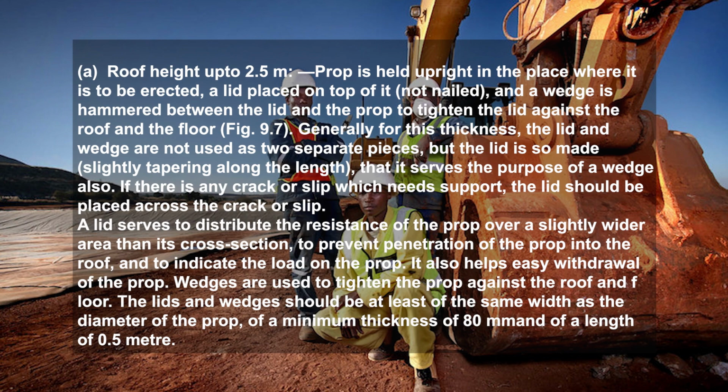If there are any cracks or slip which need support, the lid should be placed across the cracks or slip. A lid serves to distribute the resistance of the prop over a slightly wider area than its cross section, to prevent penetration of the props into the roof and to indicate the load on the prop.